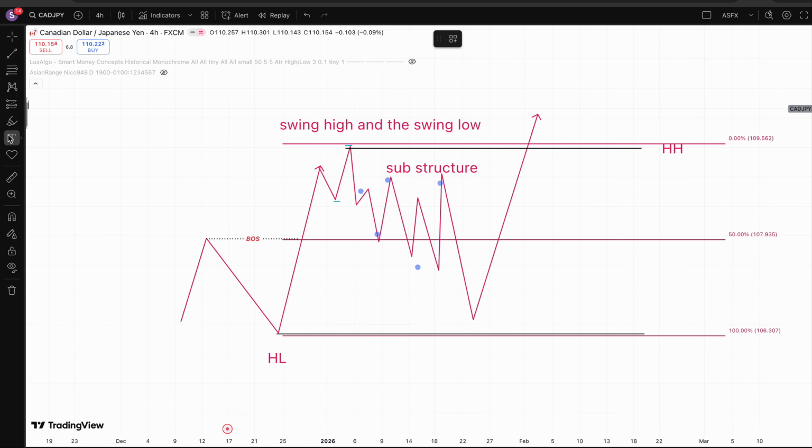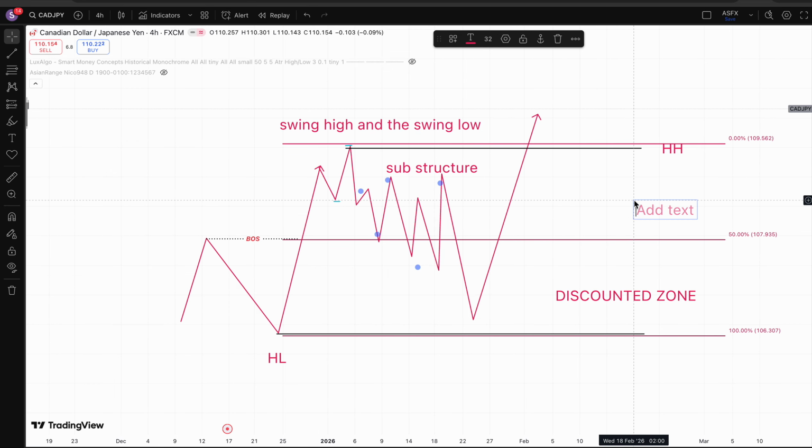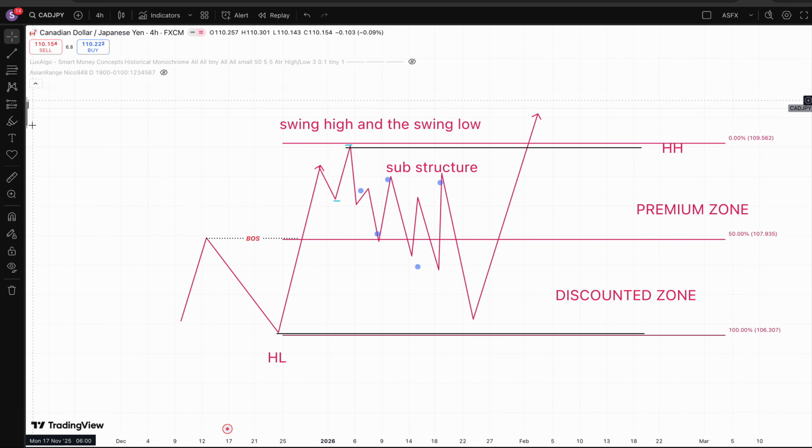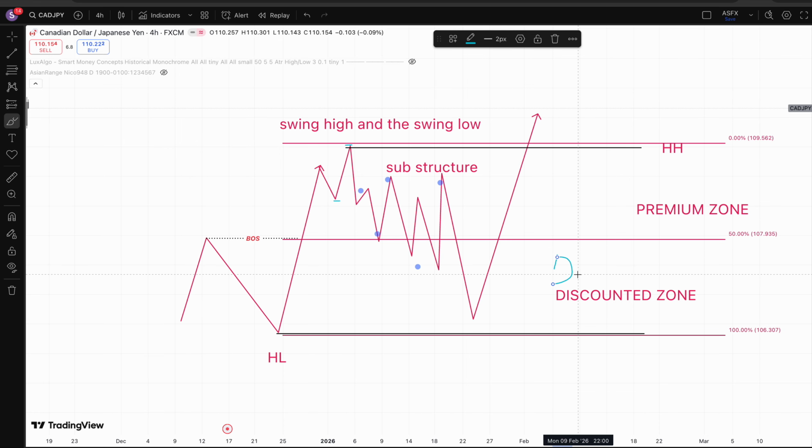This is our discounted zone, and this is our premium zone. Anything below the 50% is a discounted zone, and this is where you should be looking for your buys from if we're in a bullish market.